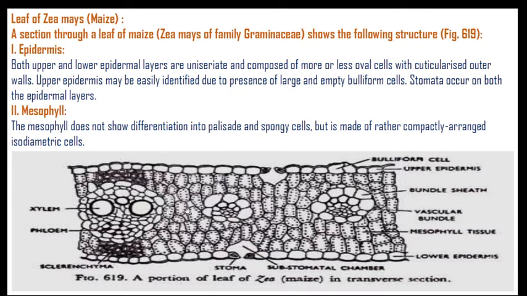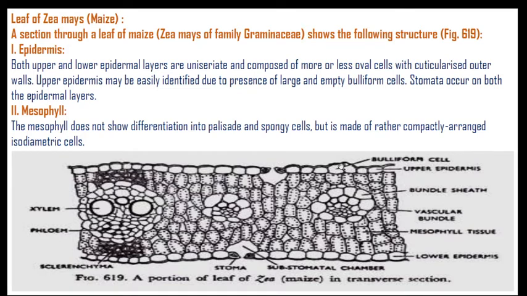So this is the TS of a Zea mays or maize plant leaf. This one is the dark colored cuticle which is thin, and below that there is an epidermis. So this one is the epidermis, upper epidermis.